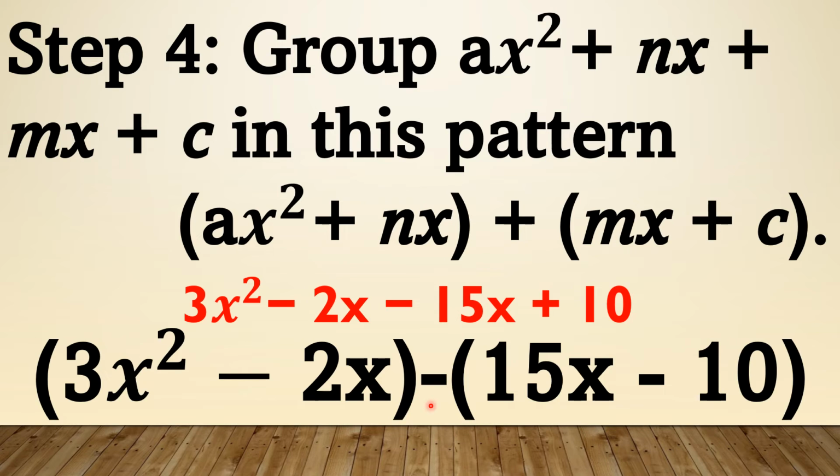So this will happen if the operation in between the two groups is minus. So always do this if you encounter this case. In this case, 15x plus 10 becomes 15x minus 10.